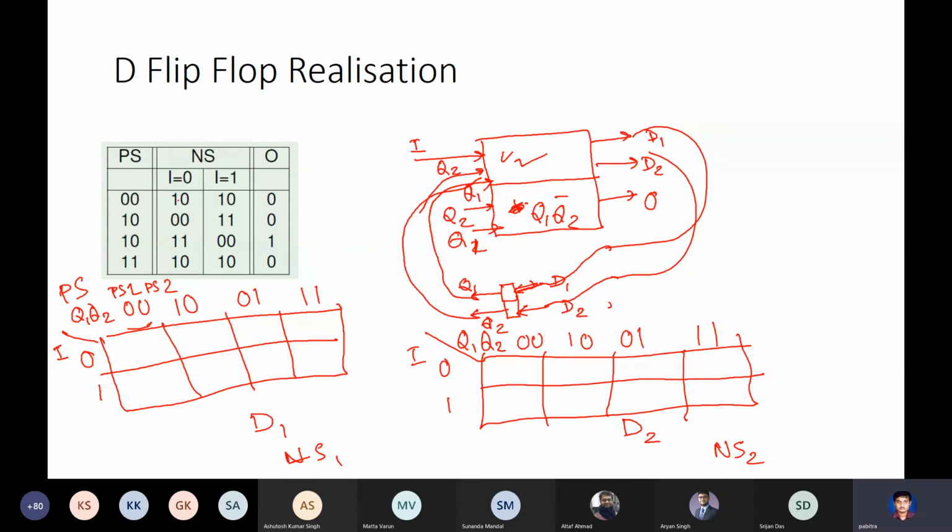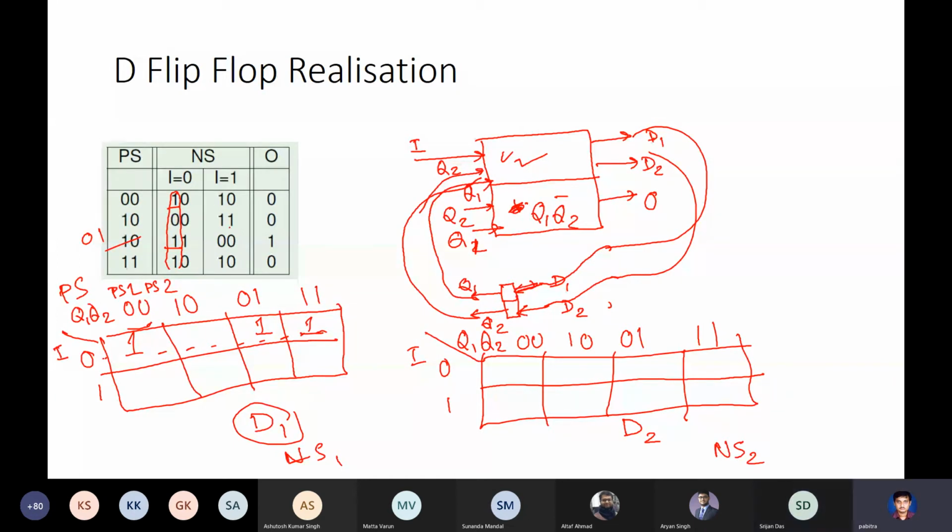So see, this is D1. This is the first bit of new state, and I equal to 0. So this is this row. I'm looking at the 1. The 1 is at 0 0. This will be 0 1. The 1 is at 0 1. And there is a 1 at 1 1.